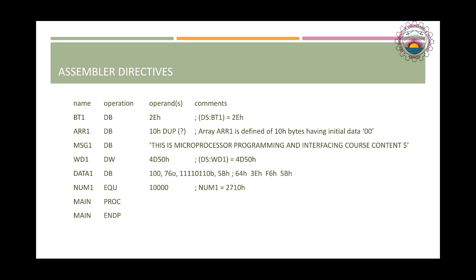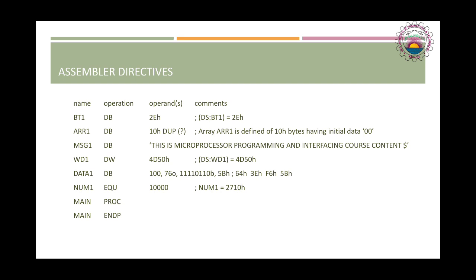The second byte is 76 octal, equivalent to 3E in hexadecimal. Then you have a binary number whose equivalent hex value is F6 hex, and in the last you have a hex number 5VH. So 4 bytes are stored starting at the data1 offset within the data segment.